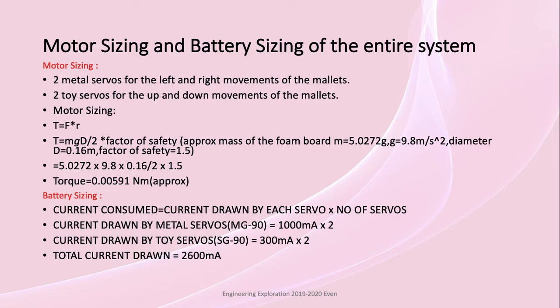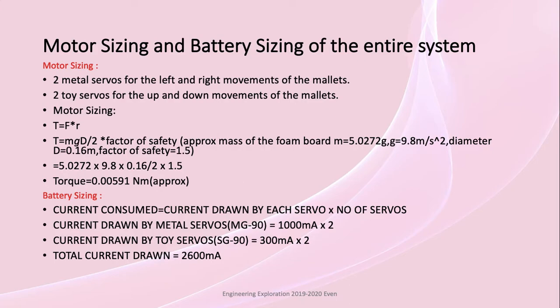Here, mass of the foam board is equal to 5.0272 gram. Gravitational acceleration is equal to 9.8 meter per second square, and diameter is equal to 0.16 meter. Thus, the torque would be equal to 0.00591 Newton meter.